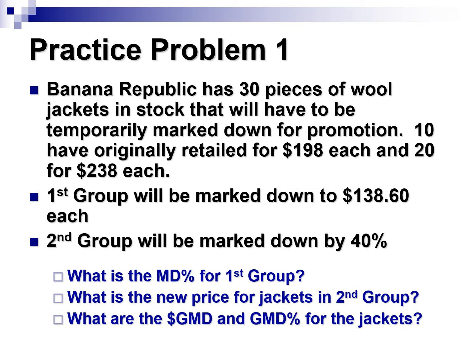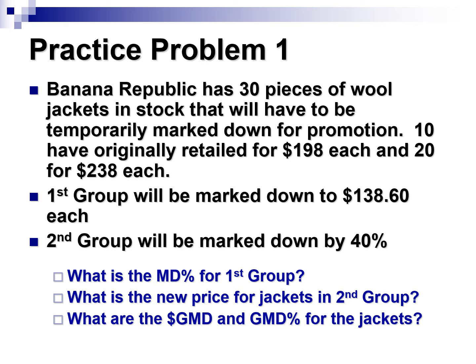There are three questions we need to answer. The first question, what's the markdown percent for the first group? Knowing the original retail as well as the lower retail price of the first group, we can calculate markdown percent, right? The second question is what's the new retail price for jackets in the second group? That means knowing the original retail price and markdown percent, what is the lower price now with this given markdown, right?